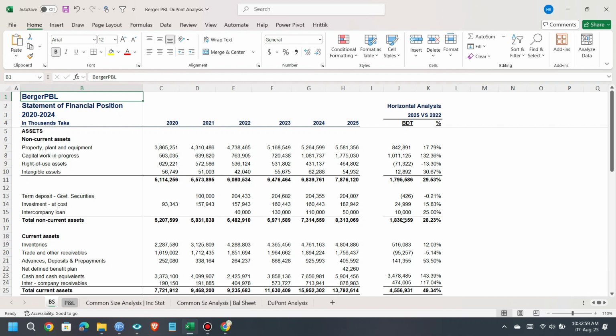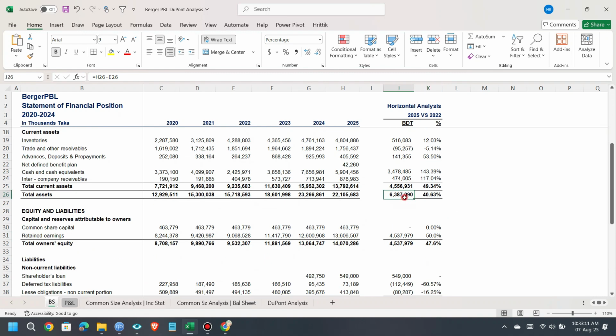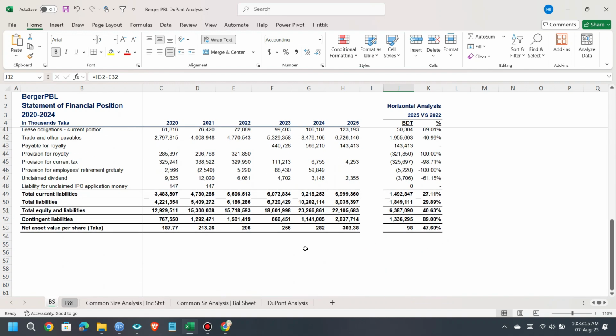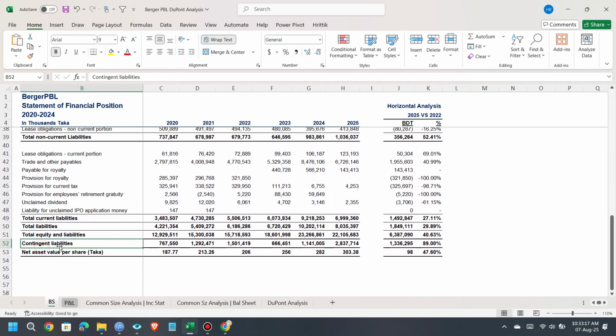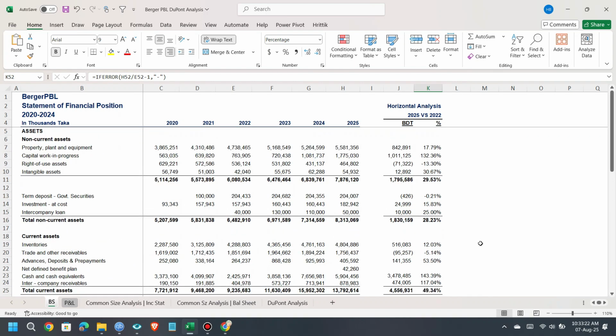So for Berger PBL, the total non-current assets increased by this amount from 2022 to 2025, and it increased by 28.23%. Same goes for the total assets, total owner's equity, total liabilities, and last but not the least, contingent liabilities.